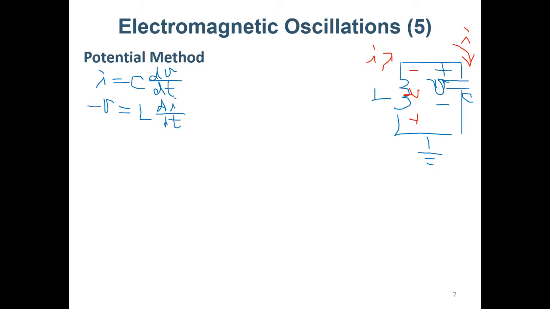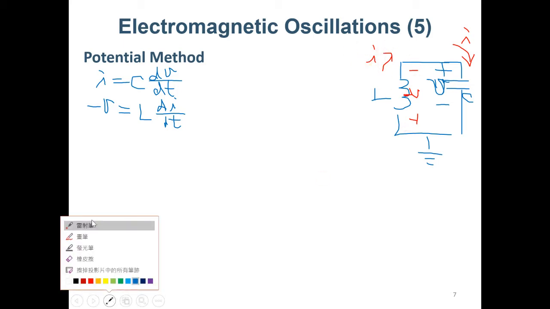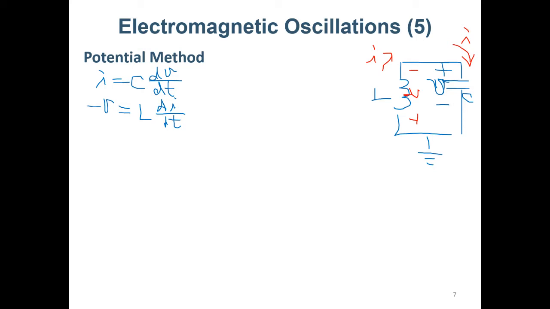Because I is going upward, we need to consider the voltage difference, minus V, where this side is positive and this is negative, to match this current. So we get minus V equals to L di dt.